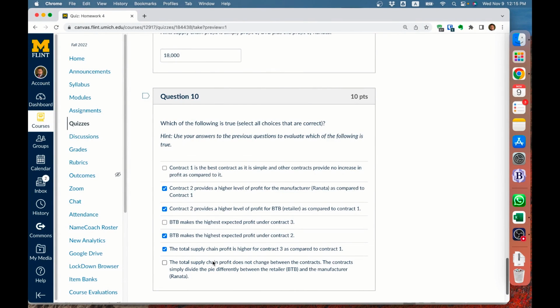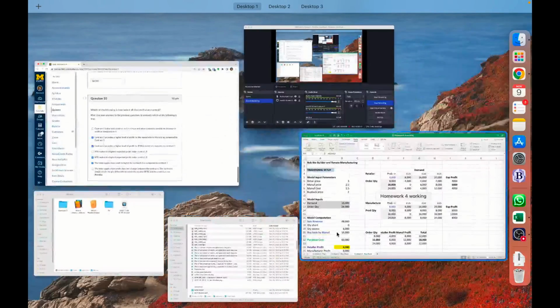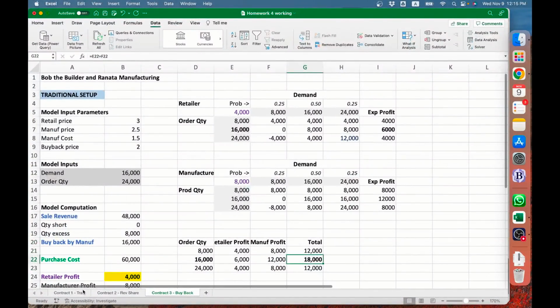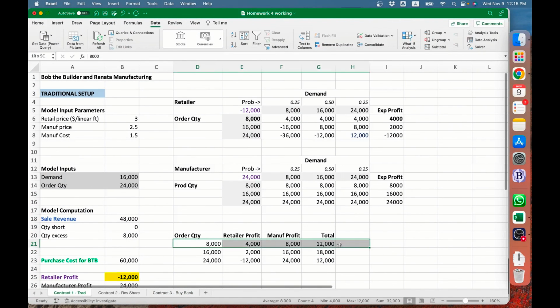Total supply chain profit does not change between the contracts. The contracts simply divide the pie differently between the retailer and manufacturer. This is false because, as we saw, under contract 1 we are stuck in a suboptimal situation where the retailer is not willing to take additional risk that they should take because the incentives are misaligned. They have to be stuck with all of the excess inventory cost.